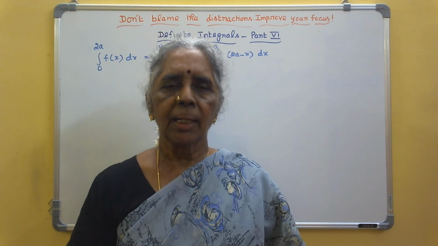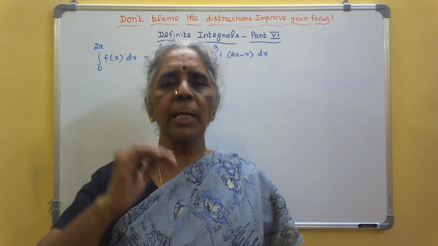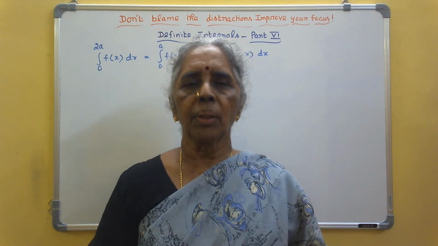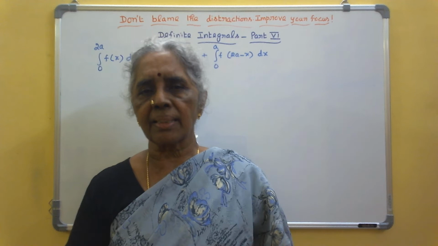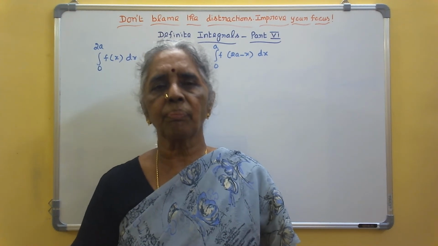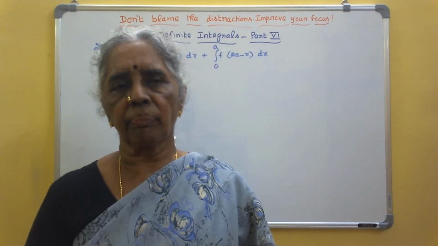Then integral minus a to a f of x dx is equal to two results, isn't it? Twice integral 0 to a f of x dx if f is an even function. It is equal to 0 when f is an odd function.